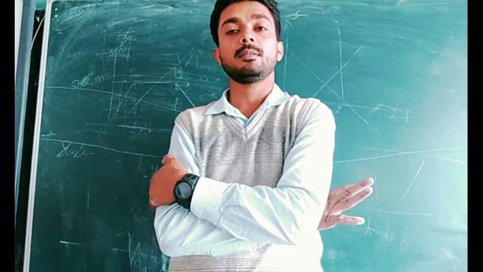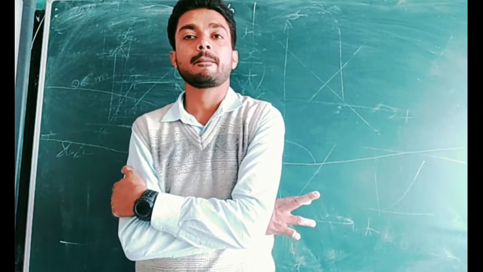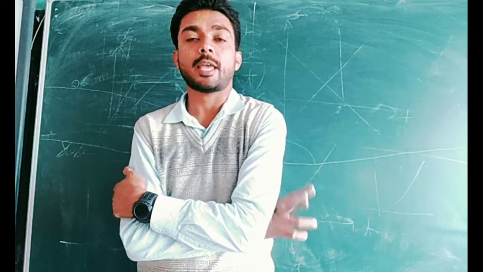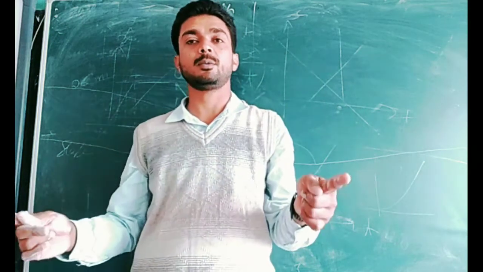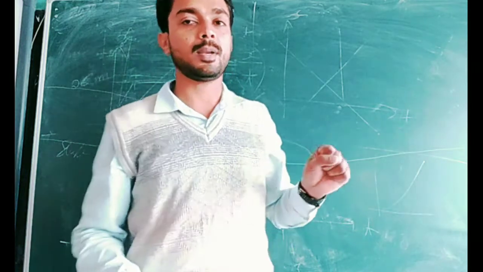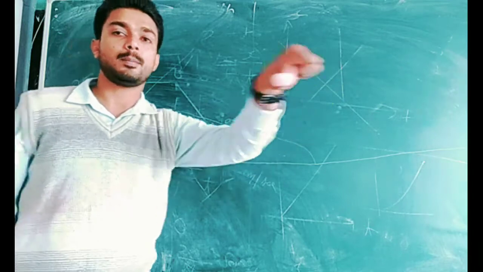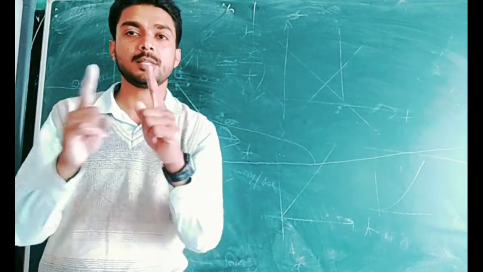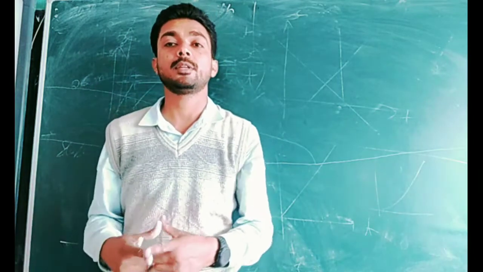In this law, these two forces, action and reaction, always act on two different bodies. Suppose I am applying an action on this board, then this board will apply the reaction. I repeat again, both the action and reaction act on two different bodies.